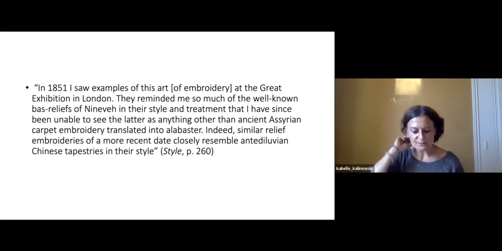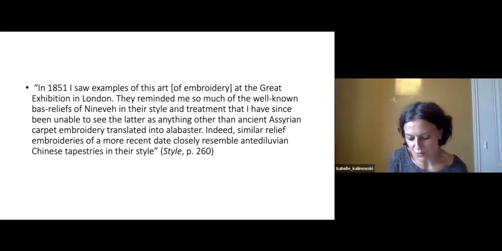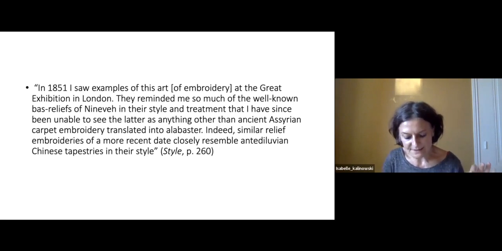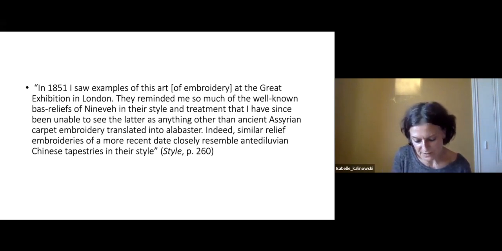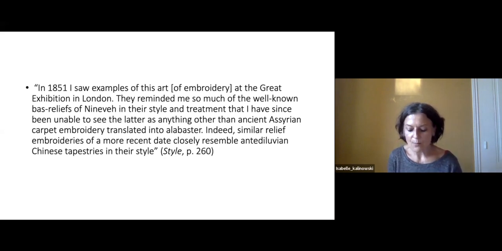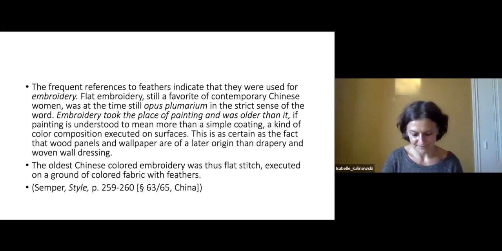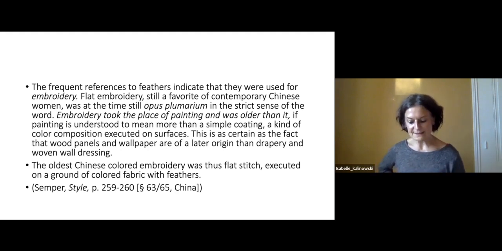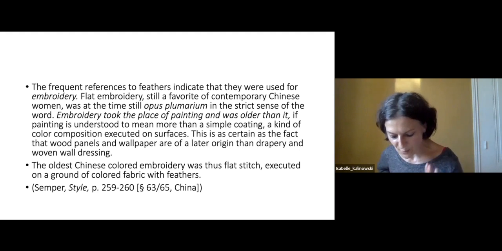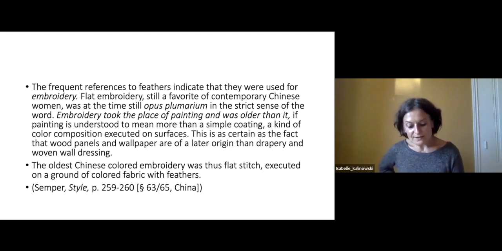In the very ancient technique of flat embroidery, the Chinese didn't only use silk yarns, but also small pieces of monochrome silk fabric or even feathers. I quote Semper, "The frequent references to feathers indicate that they were used for embroidery. Flat embroidery, still a favorite of contemporary Chinese women, was at the time still opus plumarium in the strict sense of the word.